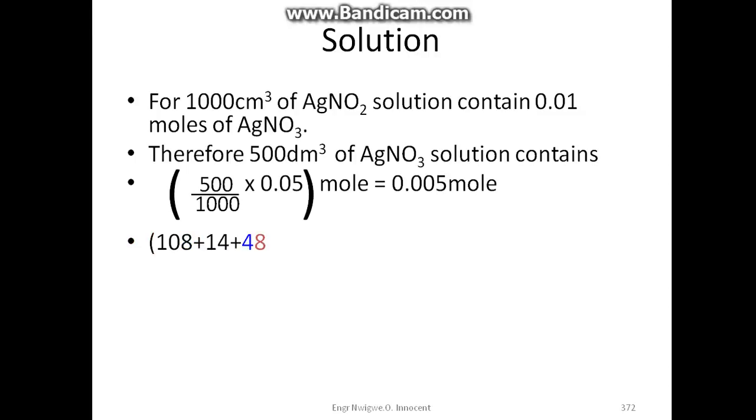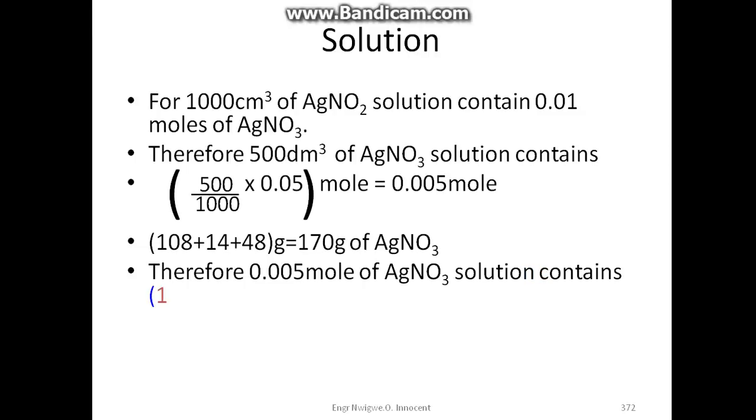Then the molar mass of silver trioxonitrate(V), we have silver as 108 plus nitrogen at 14 plus 48 for oxygen gram, totaling 170 gram of silver trioxonitrate(V).